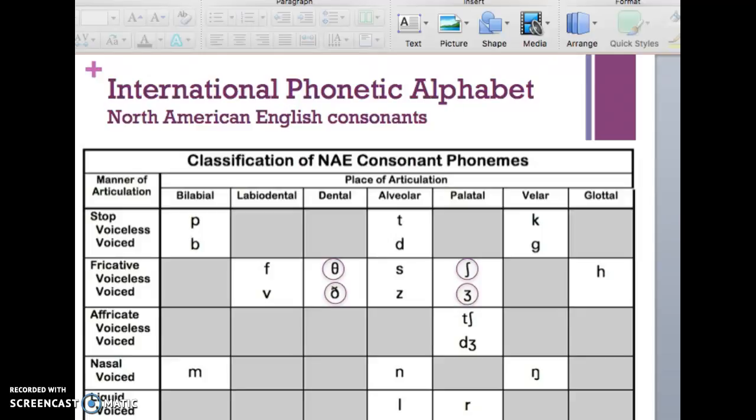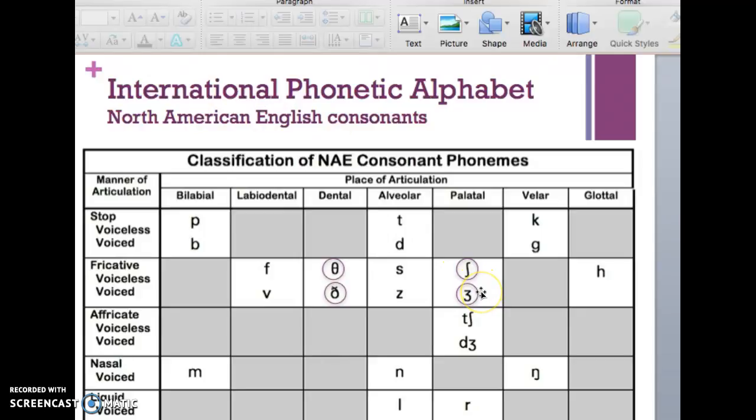Your tongue is placed on your upper teeth, which is why it's a dental. The voiced th is this bottom one, and if you say the word this and you put your hand over your throat, you'll notice that it is voiced.